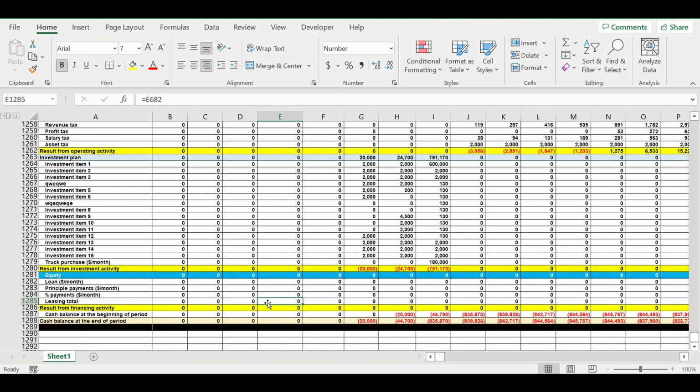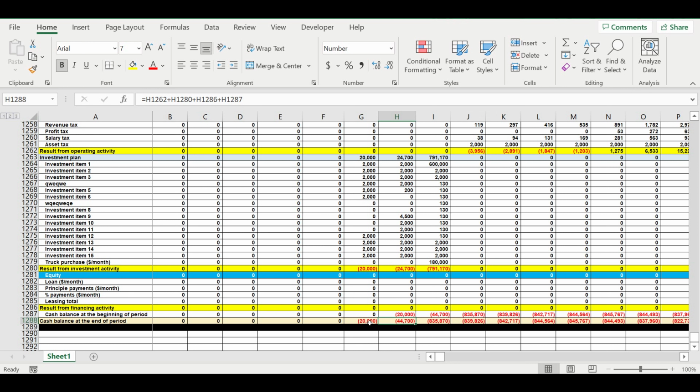And I just want to tell you one basic rule of the cash flow statement. When you look at the statement, you have to look at the last line of it. It's called cash balance at the end of the period. Here it is. And the rule is that this line always has to be positive or equal to zero.